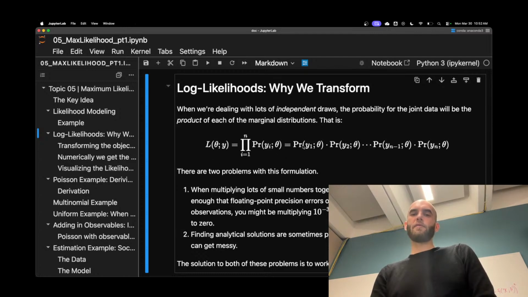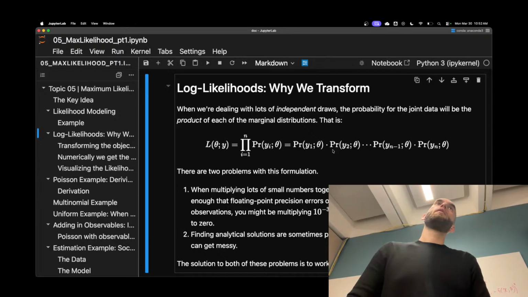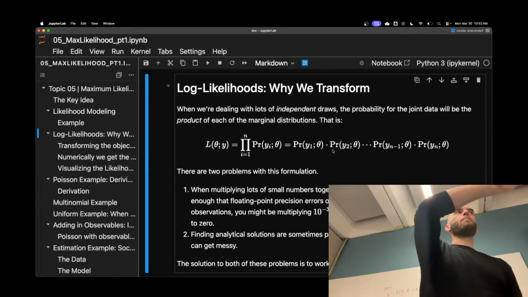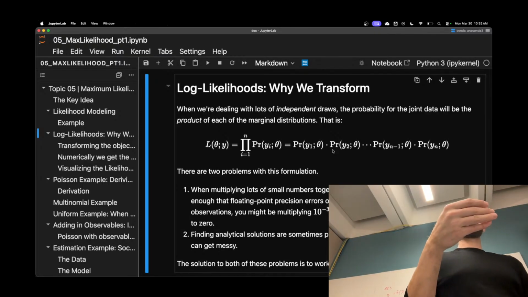It's just the probability of seeing the first one given our parameter values from our underlying distribution, times the probability of seeing the second one given our parameter values from some underlying distribution. And then we just continue multiplying by these probabilities.